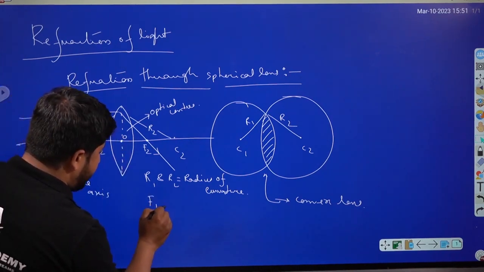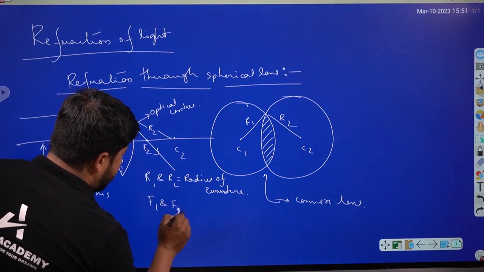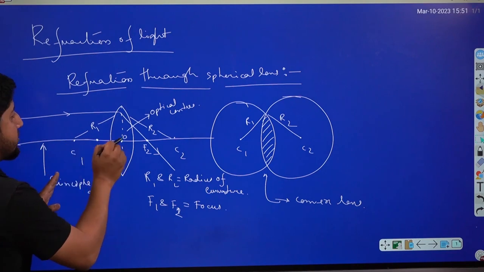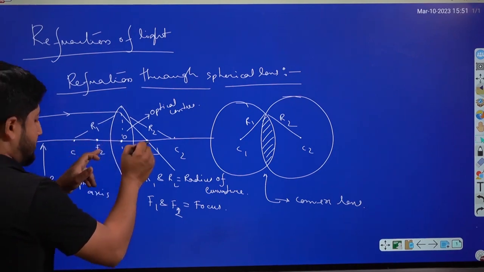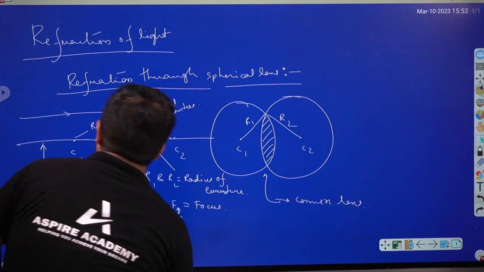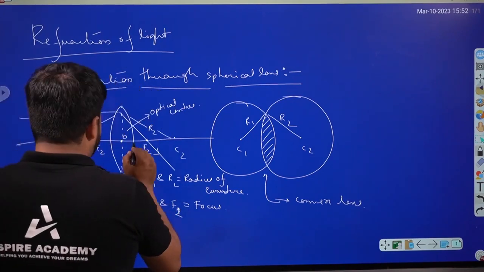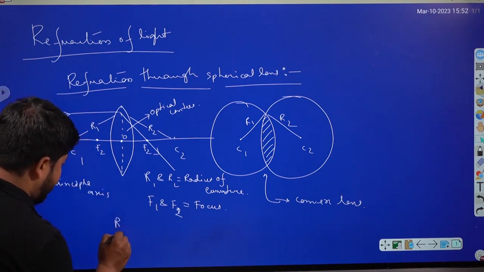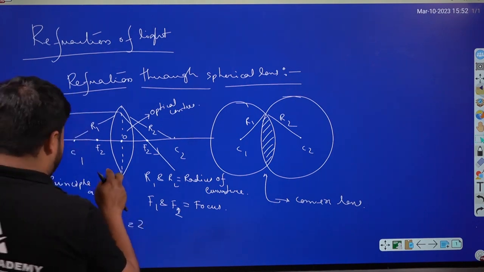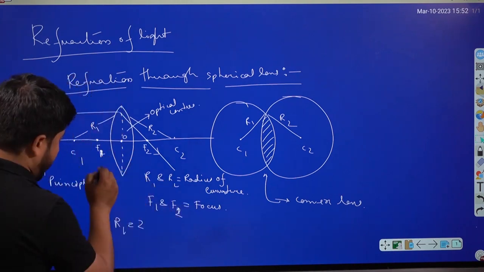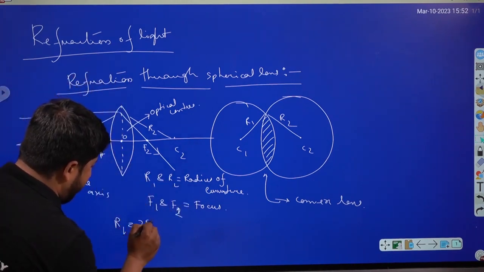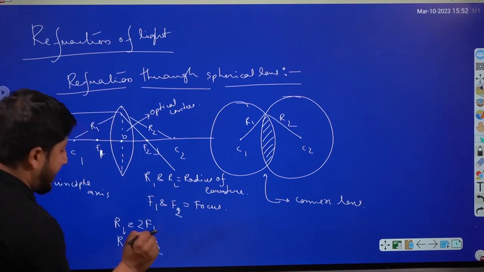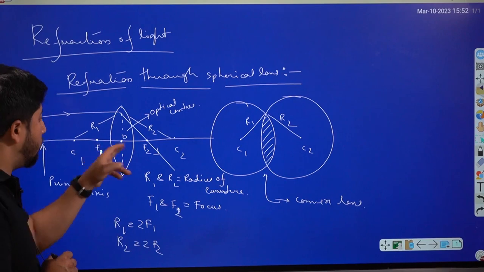So F1 and F2 are the foci. Between the optical center and the center of curvature lies the focus. R1 is equal to twice F1, and R2 is equal to twice F2.